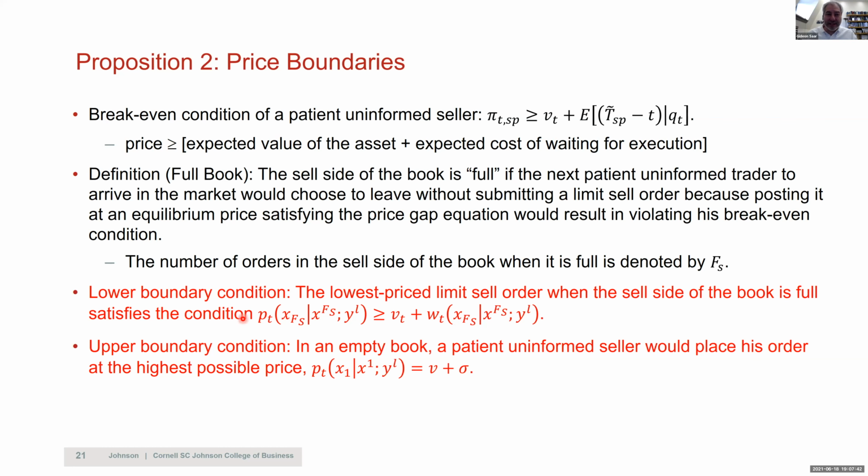And so the notation, the number of limit sell orders in a full book is FS. So the price of X_FS, given that the book is full on the sell side, is going to be V_T plus the wait of that FS. Okay, so with this, from the strategies of the uninformed trader, we can basically pinpoint all the prices if we just knew how to compute the wait times.